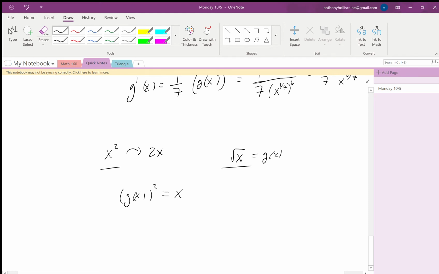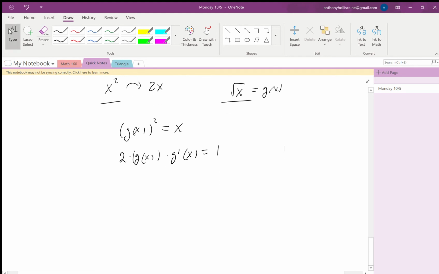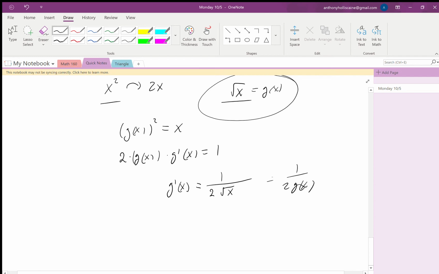Now if I take the derivative of both sides, that says 2 times g of x times g prime of x equals 1. Now I move everything over to have g prime of x equal to 1/2 root x, which is 1/(2 g of x). So you can find the derivative of harder functions by using this technique where you compose them with something that makes it easier.